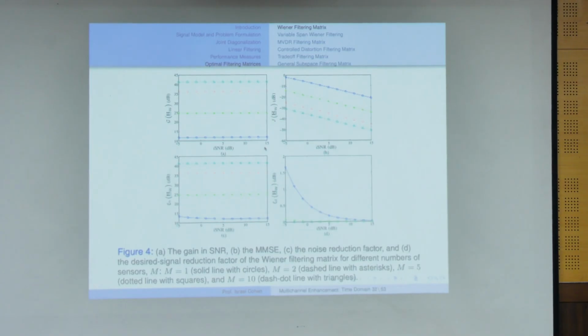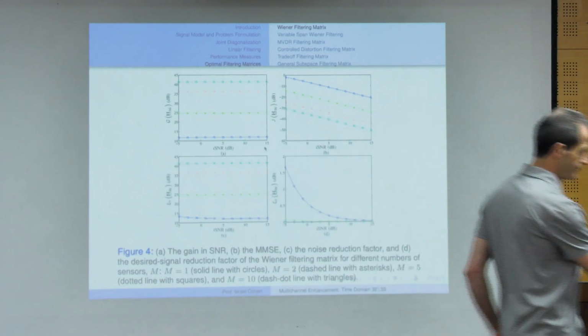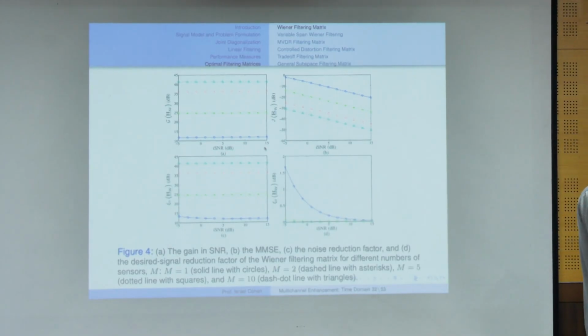It makes sense. Why? Because we use more information. If we add more sensors, what is the information that we use? In these matrices, we use the correlation between any sample in the vector of L samples in one sensor and any sample in another sensor within the vector of L samples.